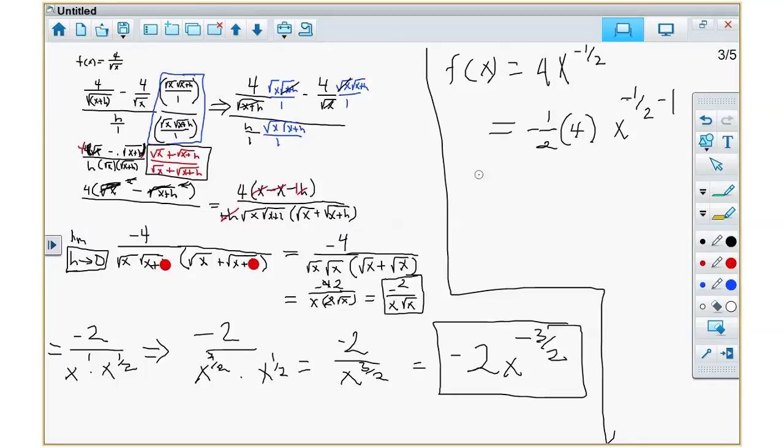Well, what's 1/2 of 4? That's -2 x to the -1/2 minus 2 halves. Look at that. -2 x to the negative what?